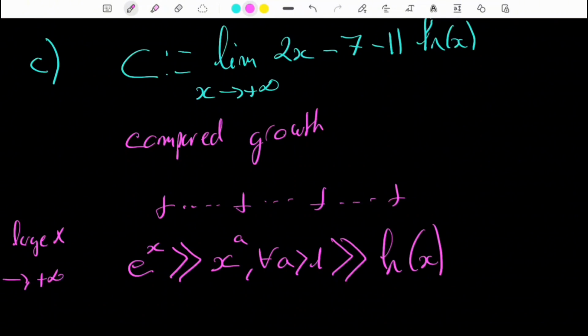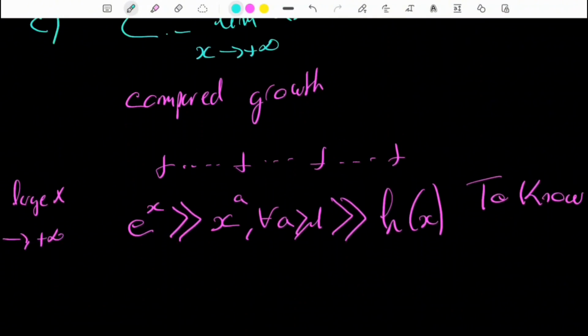Okay, so you need to know this kind of thing perfectly, because we will solve this problem really easily.